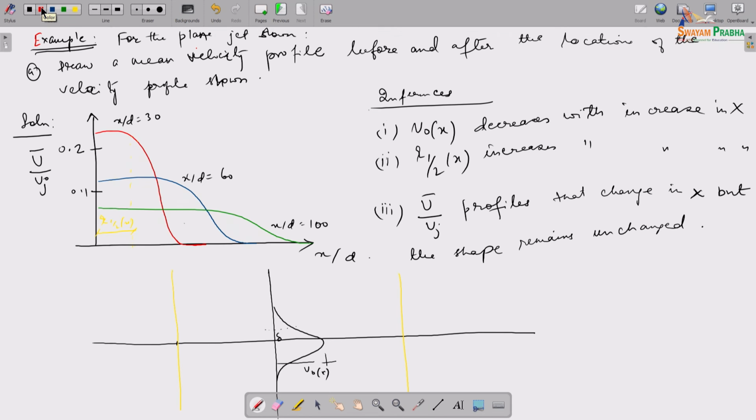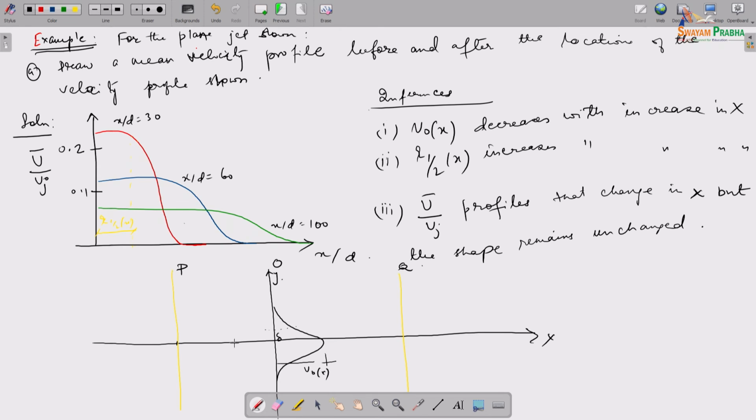Well, first things first, we said that u naught decreases, which means, look, let us name these locations. So let's say this is O, right, and let this be P, let this be Q. These are just the locations, right. Now, we said that with increase in x, right, so this is my x actually, u naught decreases, which means that at location P, u naught is going to be higher than what is shown here.